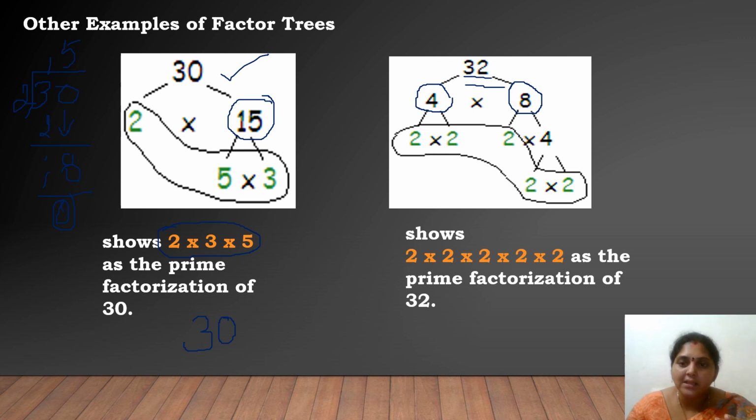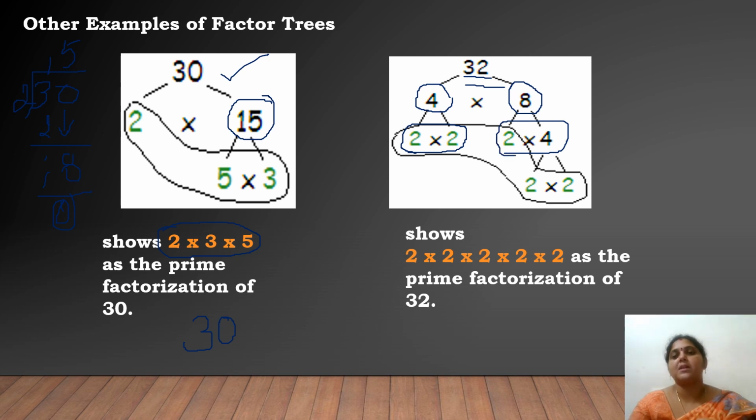So starting with our smallest prime number. What is our smallest prime number? 2. 2 into 2 is nothing but our 4. So I got my prime numbers for 4. But what about 8? I didn't get any prime number for 8. Take the smallest prime number 2 and multiply to get the number 8. 2 fours are 8.